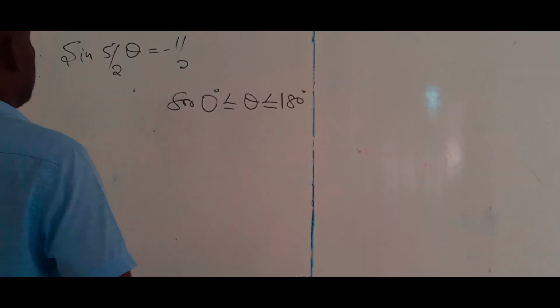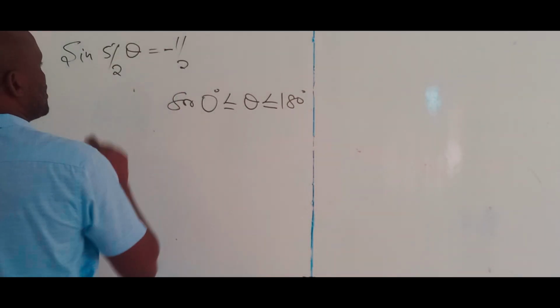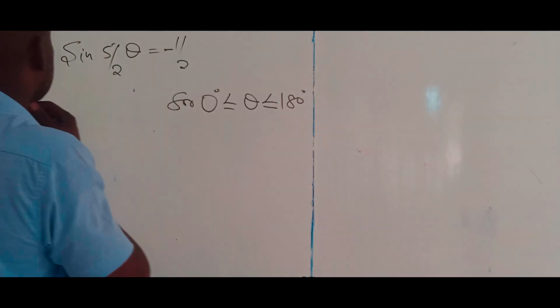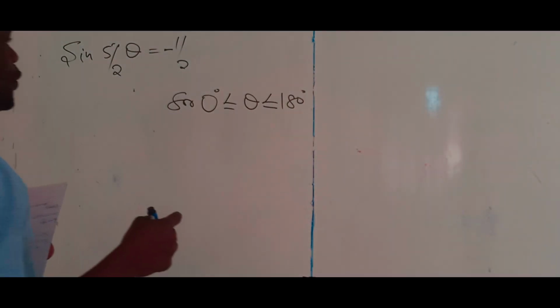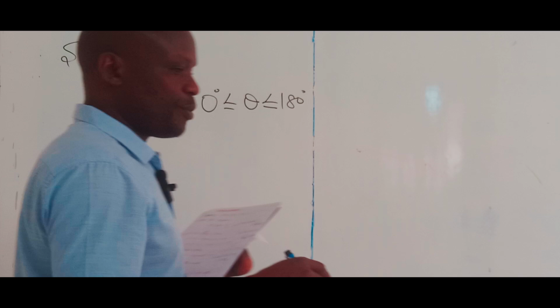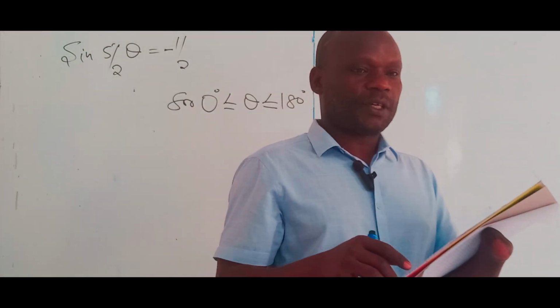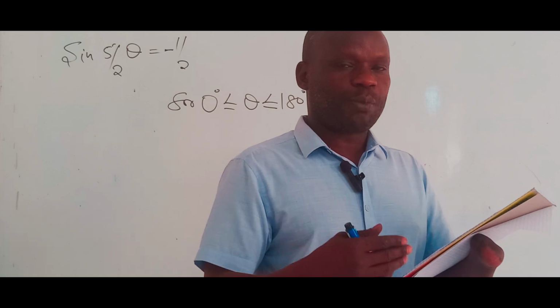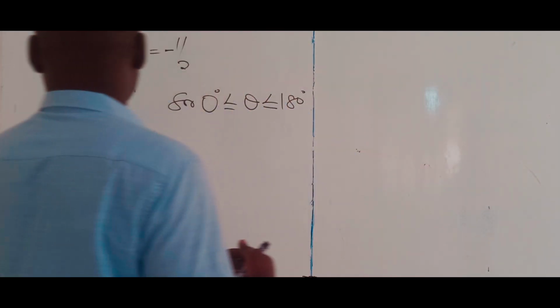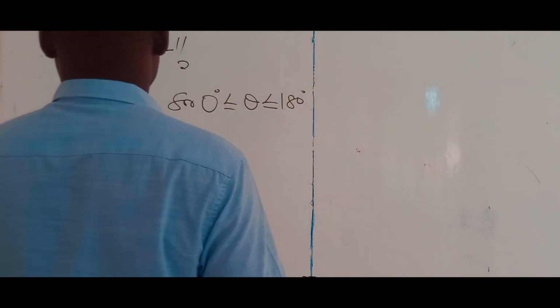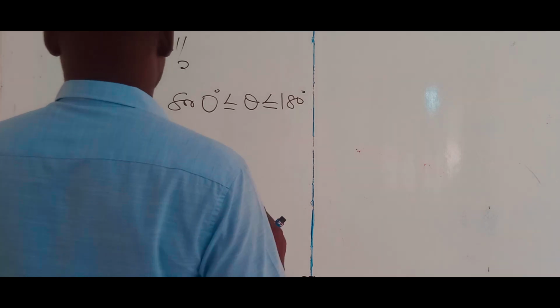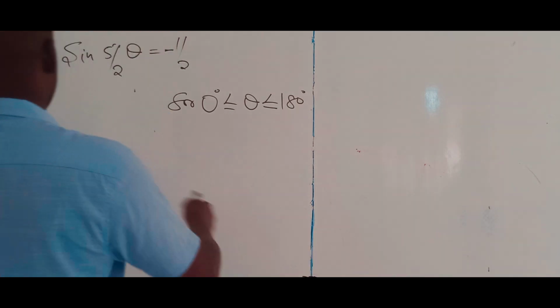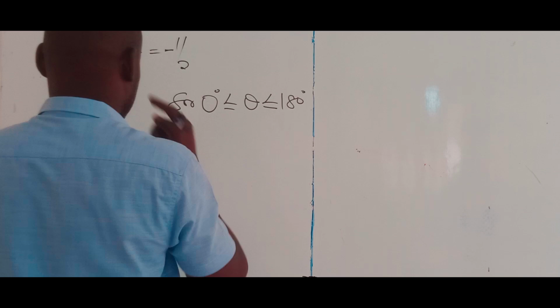So the first thing that we need to note is that a sine function, if drawn, makes 1 period after 2 pi. So we are expecting a 2 pi period out of a sine function.